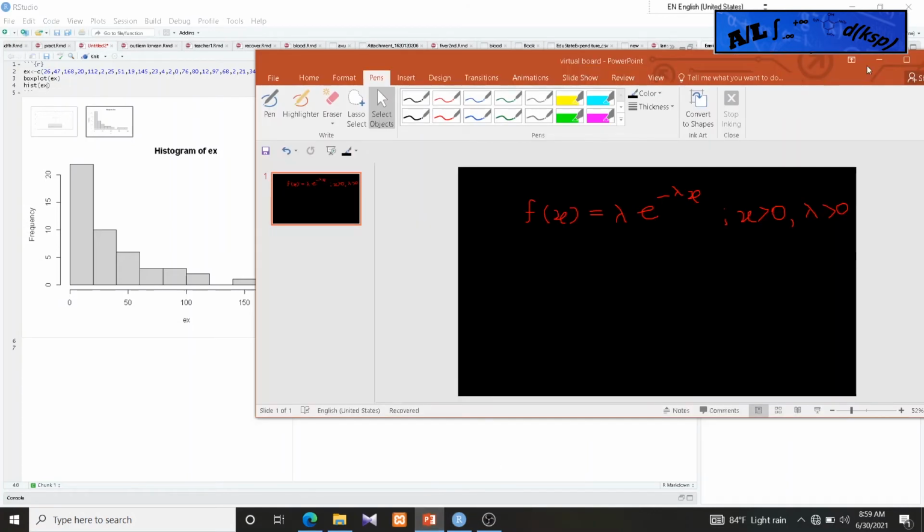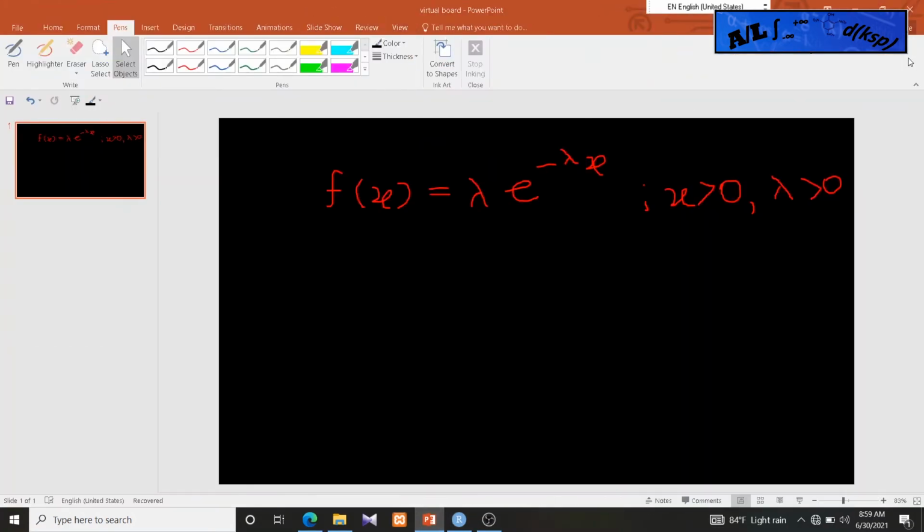Let me show you. f of x is the probability density function. I will talk about how it can be formed using the probability mass function in my theoretical part. For now, I'm going to assume this is a probability density function.